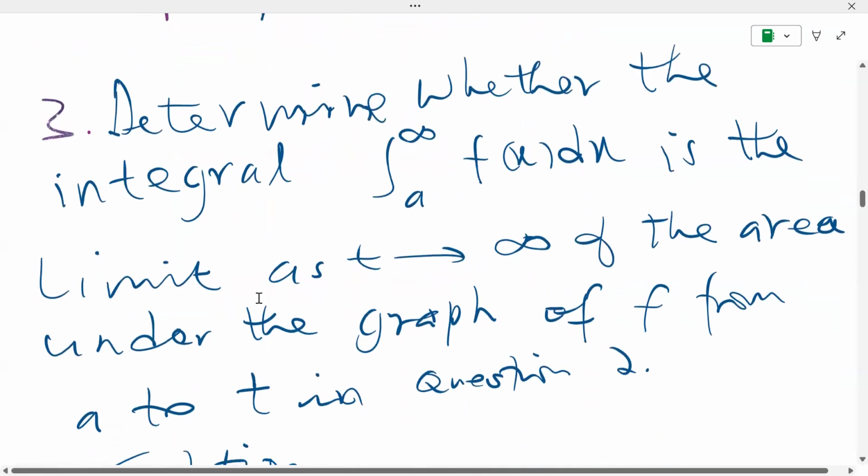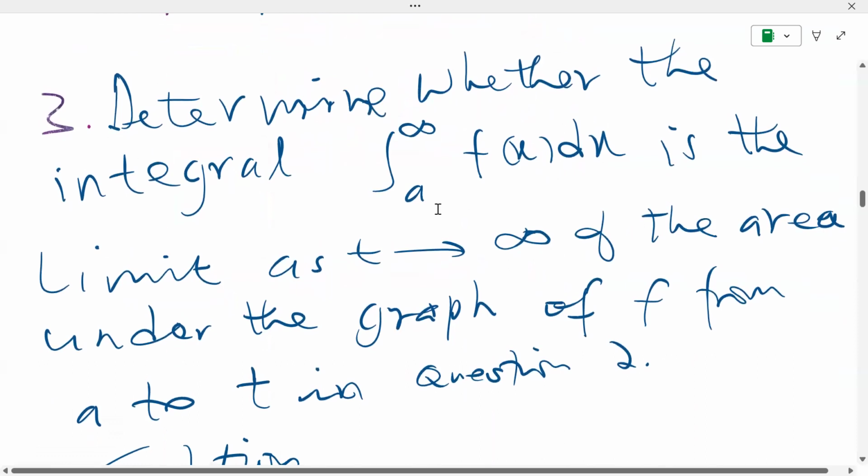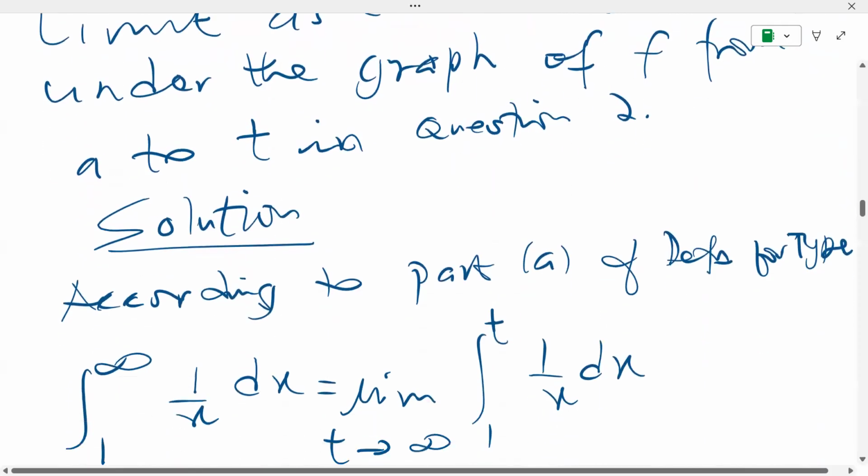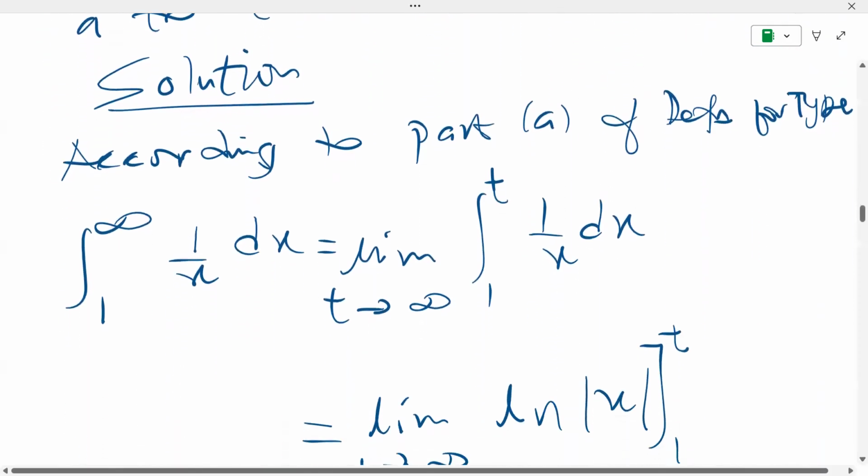Great. Now determine whether the integral running from a to infinity of f of x dx, which is the limit as t approaches infinity of the area under the graph of f from a to t. The a can be any number in question 2. So let's see how we can grapple with that.